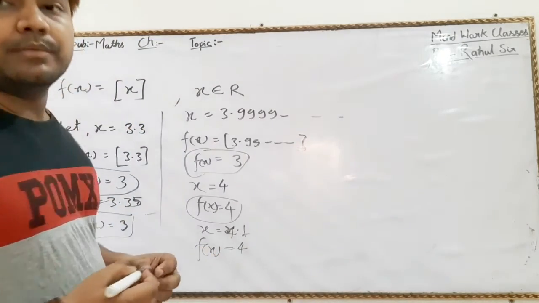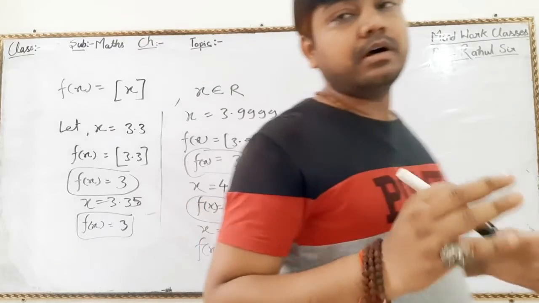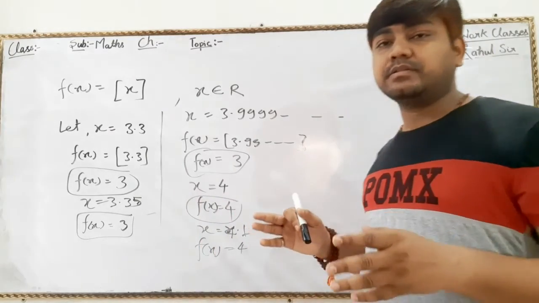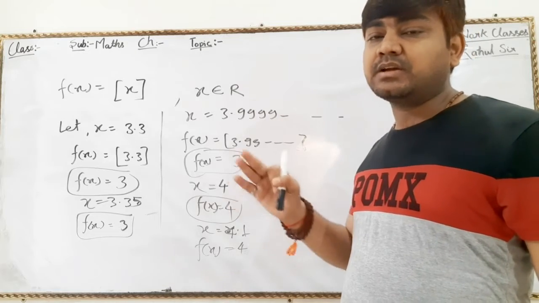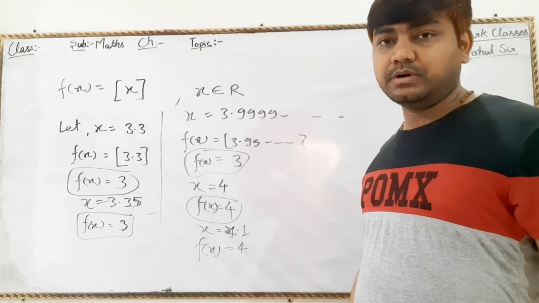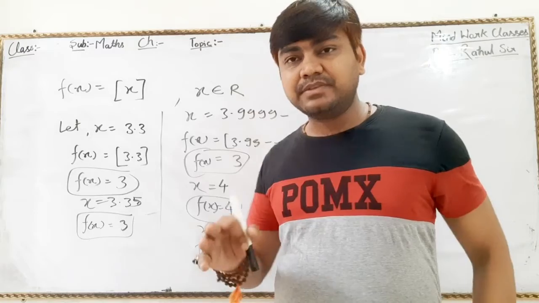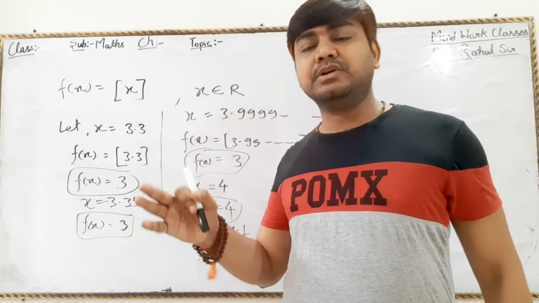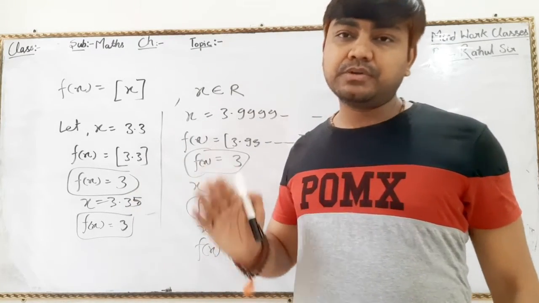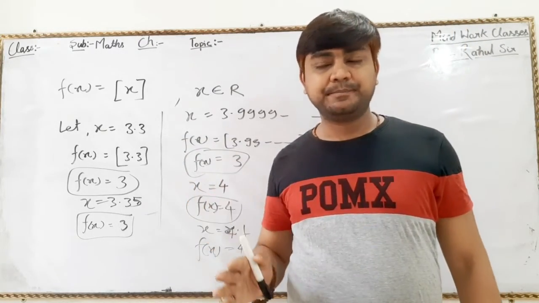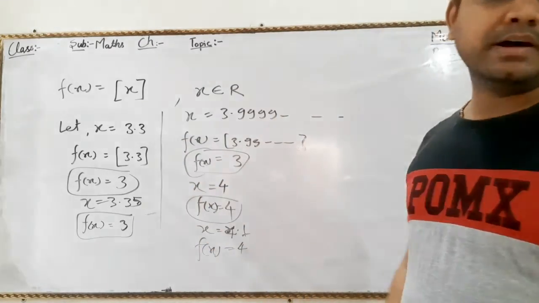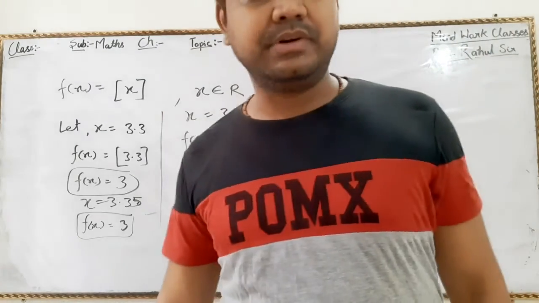That means the value of f(x) will be 4 until x reaches 5. As soon as we reach 5, the value becomes 5, and going further from 5 until 6, the value of the function is only 5. Likewise, this is called the greatest integer function.